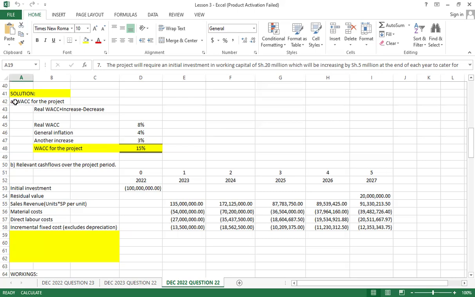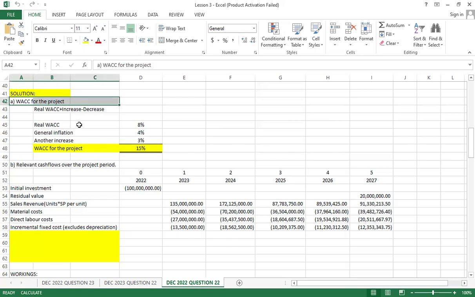We had done part A of the question, then we just started on part B. And in part B, what we were doing is determining what we had called the relevant cash flows over the project period.